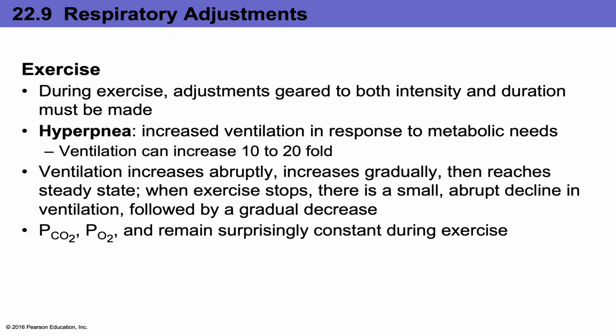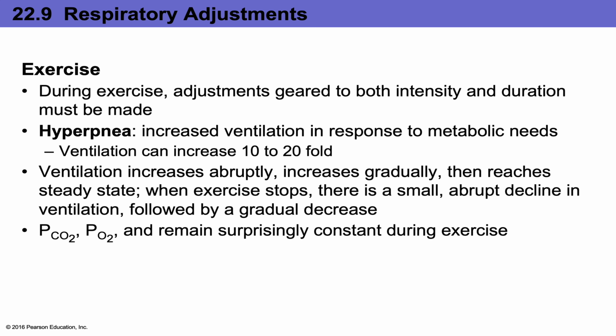Respiratory adjustments during exercise are geared to both the intensity and duration of the exercise. Working muscles consume a huge amount of oxygen and produce a very large amount of carbon dioxide. So ventilation can increase 10 to 20 fold during vigorous exercise. And increased ventilation in response to metabolic needs is called hyperpnea.